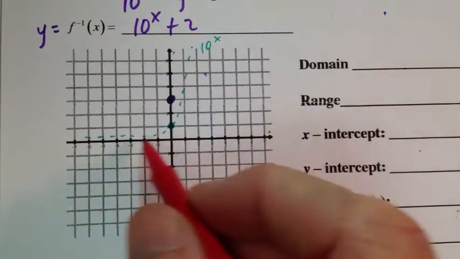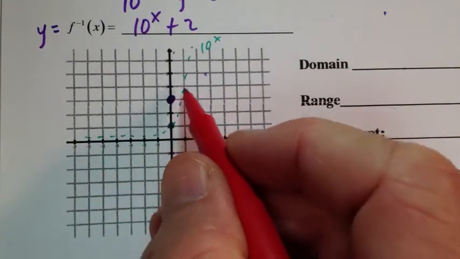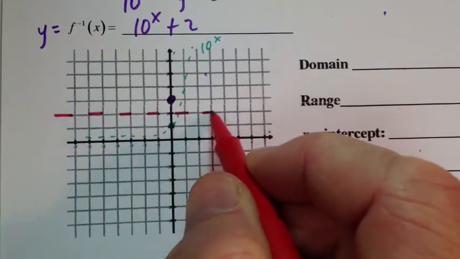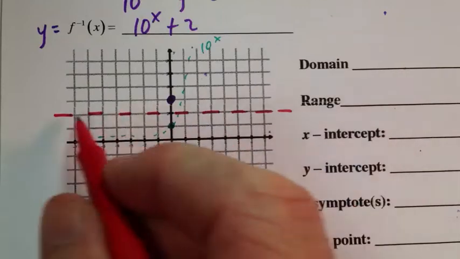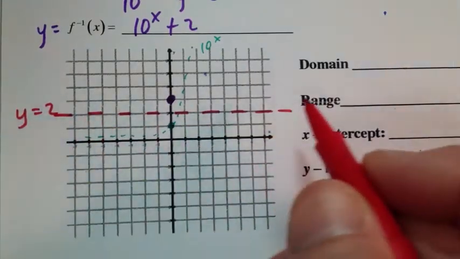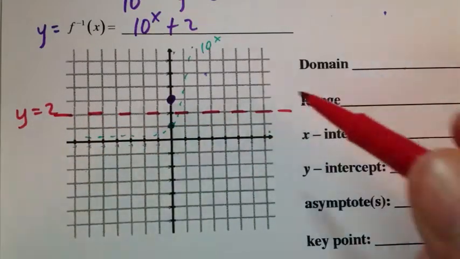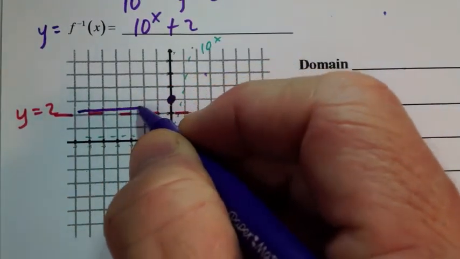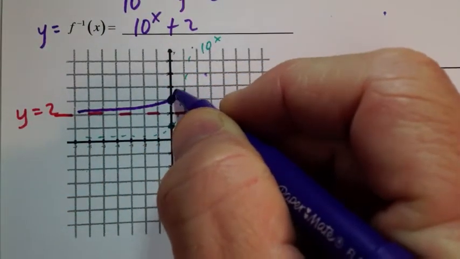And keep in mind also that we're moving everything up 2 units, which would include the horizontal asymptote. So this horizontal asymptote now becomes y equals 2. Of course, we could have gotten that from the information above for the other function. And now we, again, just move everything up 2 units.